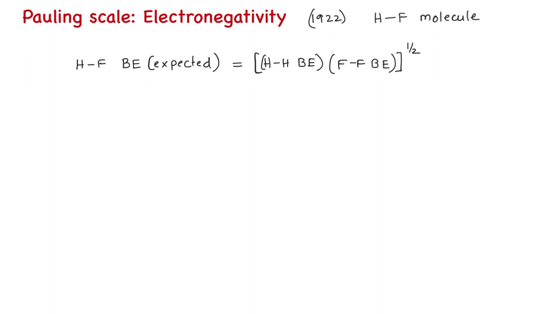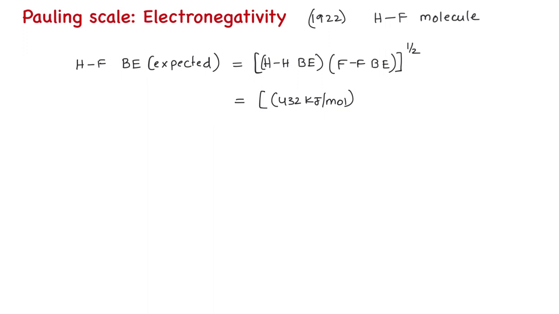That is, the expected HF bond energy is equal to the HH bond energy times the FF bond energy, raised to the power of half. So he measured the HH bond energy in an experiment and found that it is 432 kilojoules per mole.